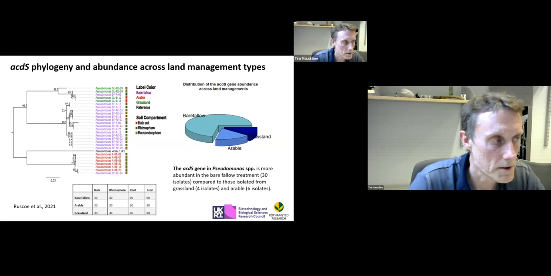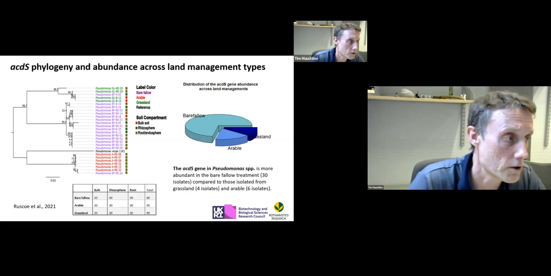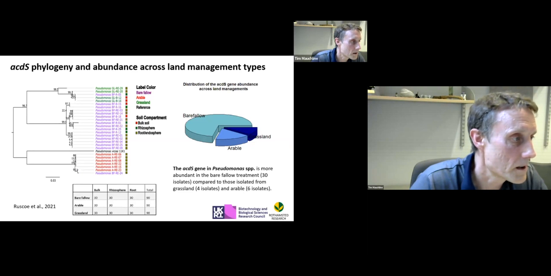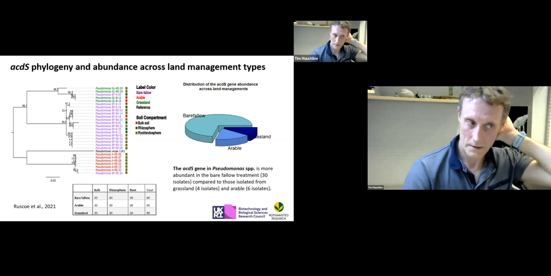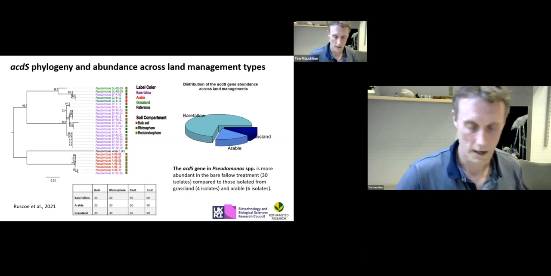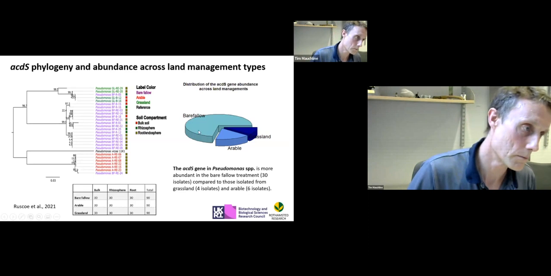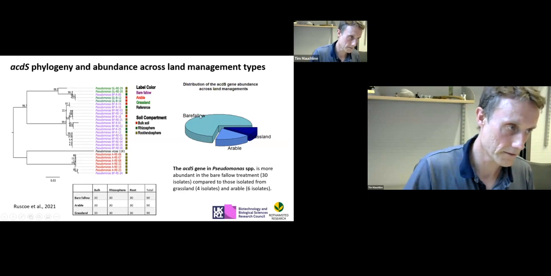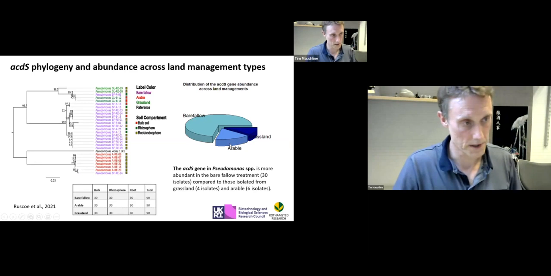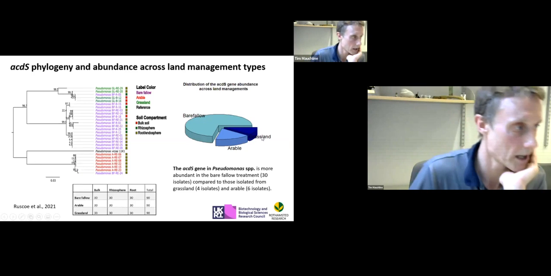So we looked at the ACDS phylogeny and abundance across the different land management types, and we could see that there was a difference in the amount of isolates. They were more abundant in isolates from the bare fallow as opposed to the arable and the grassland.